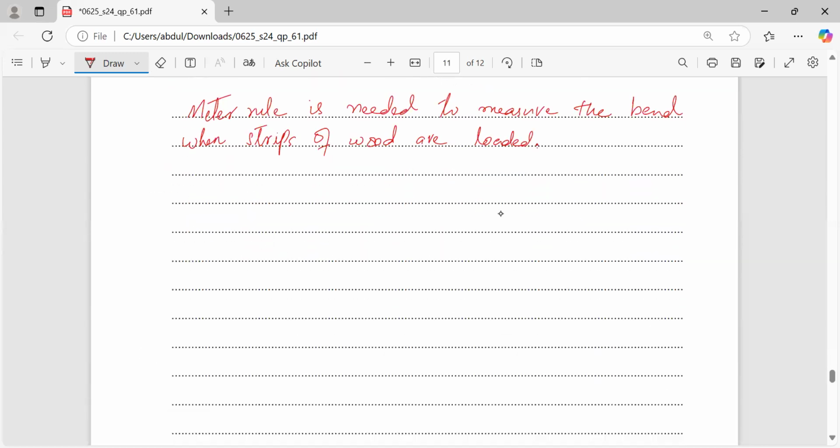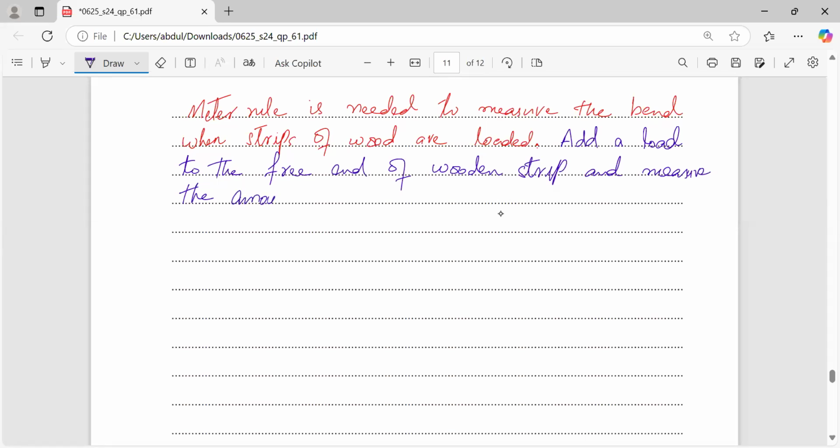So next point I'm going to write that add a load to the free end of the wooden strip and measure the amount of bending.